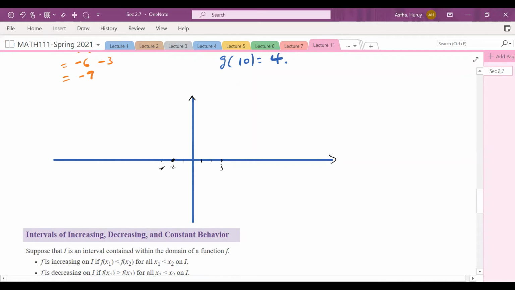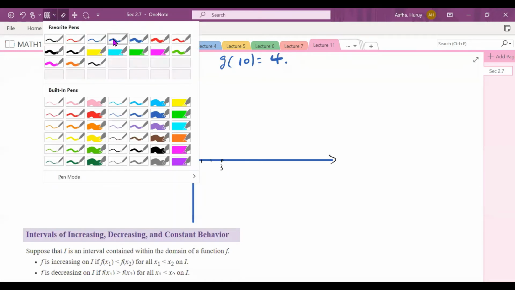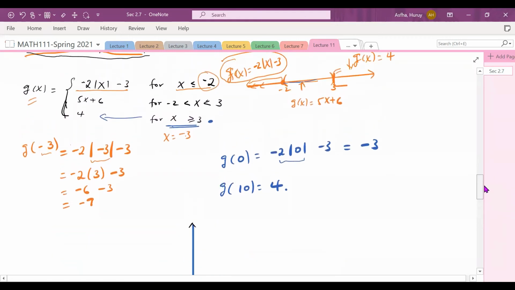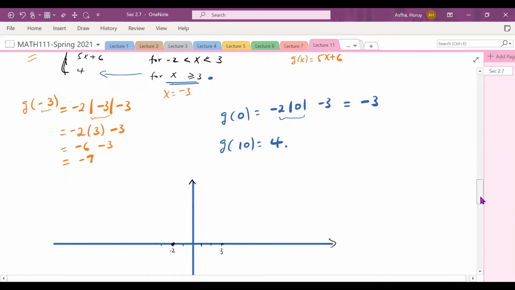This is 1 and this is the other one. Okay, and for the first one, for x less than or equal to negative 2, the function is negative 2 absolute value of x minus 3.